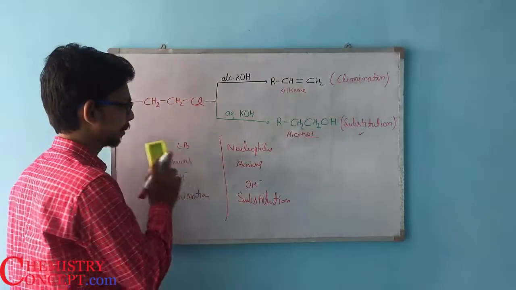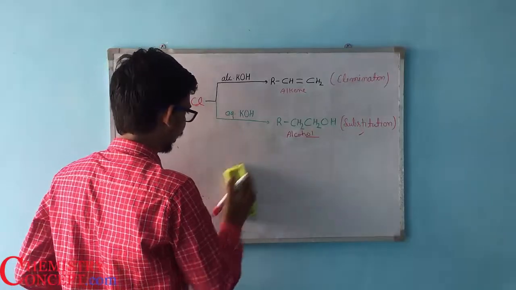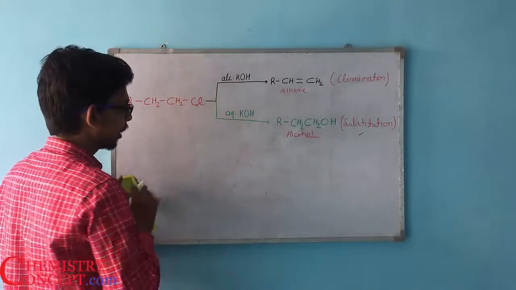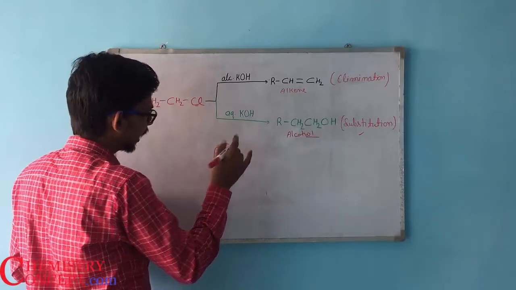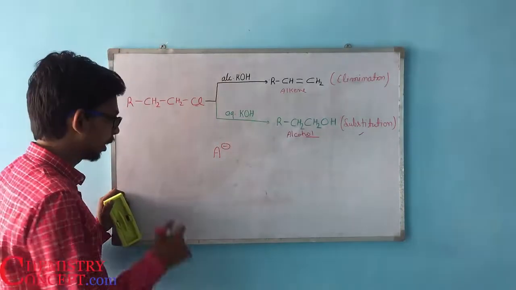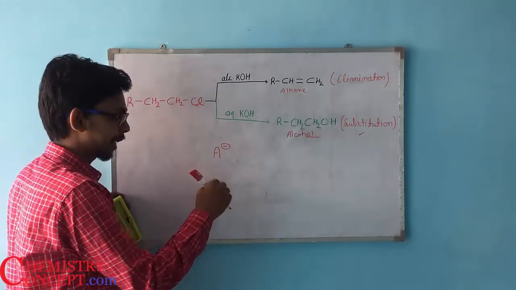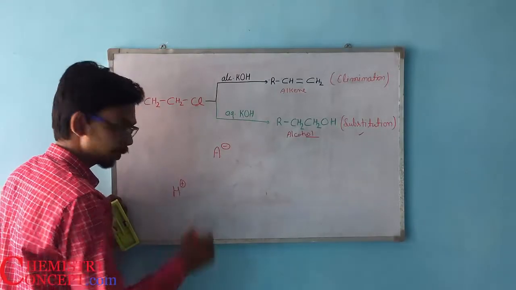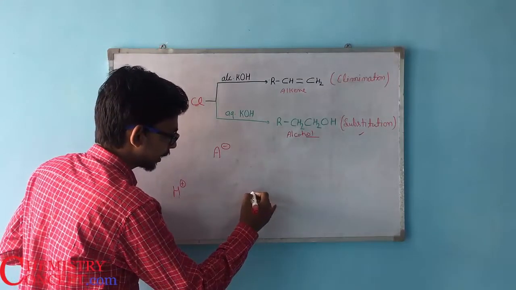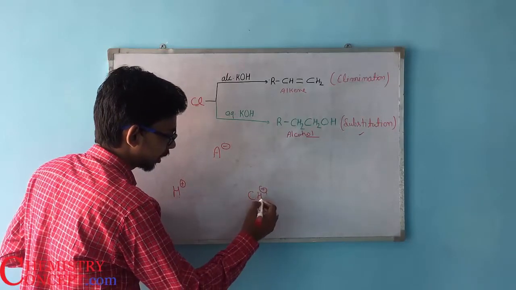Let me give you an example. It's a very controversial topic, but I'll tell you only one thing. Let's say there is A negative, an anion. It is negative, so it will be attracted toward a cation. Now let's say we have two cations: one is H positive, another is a carbocation, say CH3 positive.